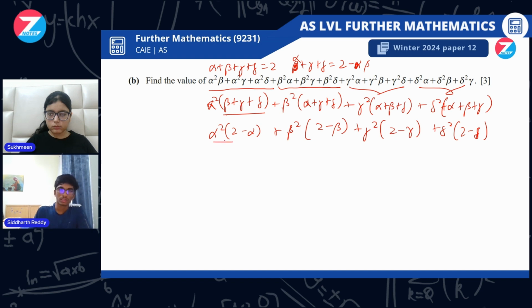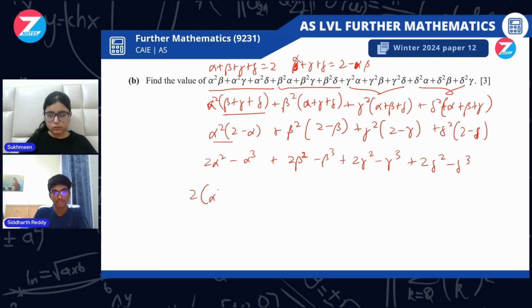And just expanding these brackets, we get 2 alpha square minus alpha cube plus 2 beta square minus beta cube plus 2 gamma squared minus gamma cube plus 2 delta squared minus delta cube. And again, further factorizing, you have 2 into alpha squared plus beta squared plus gamma squared plus delta squared minus 2 into, so just minus alpha cube plus beta cube plus gamma cube plus delta cube.